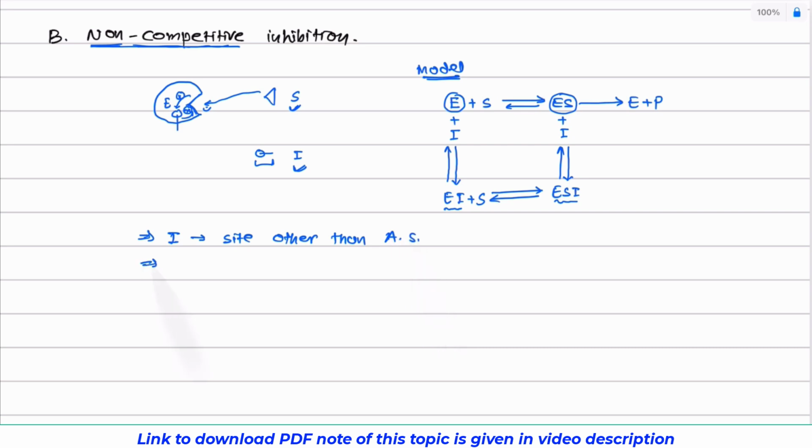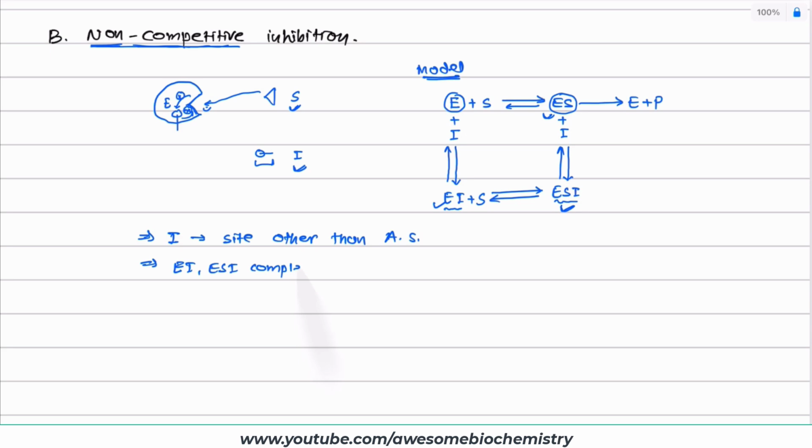The second thing is that here there is a formation of EI as well as ESI complexes, in addition to the ES complex, right? Here there is no structural resemblance of the inhibitor with the substrate. So there is no structural analogy.